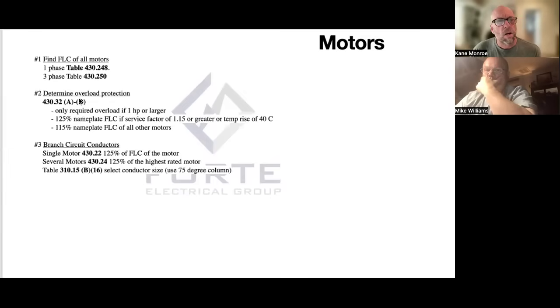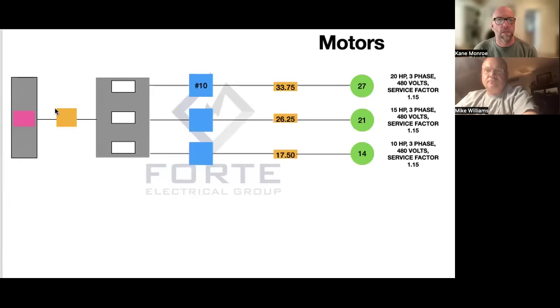So that's your heater settings, your overload protection settings. Now we've got to find that wire between the motor and the MCC, the motor control center. So that's what we're looking for on number 3. So we've got to go to 430.22. Oh, shoot.